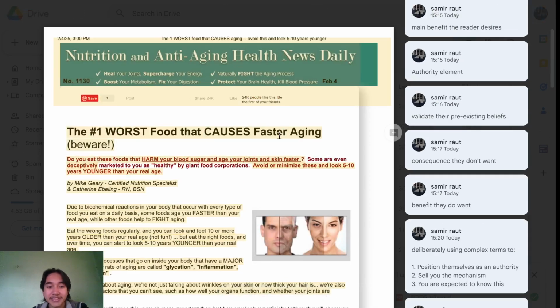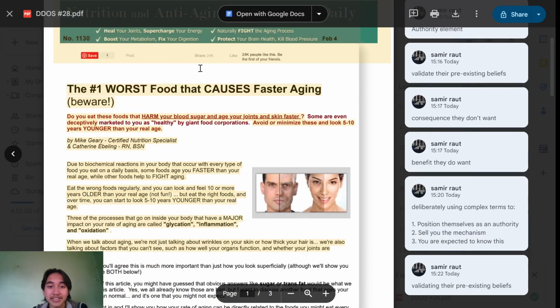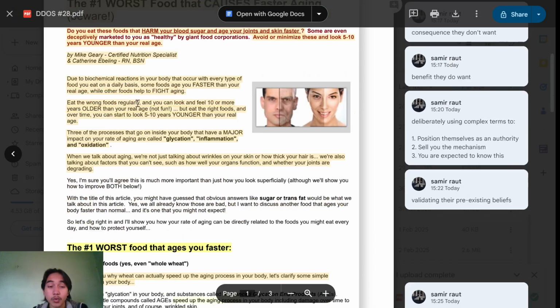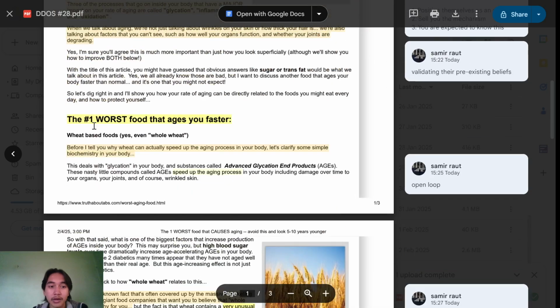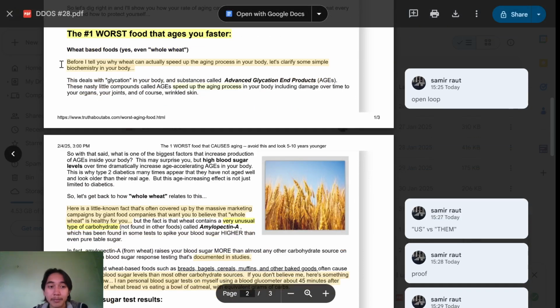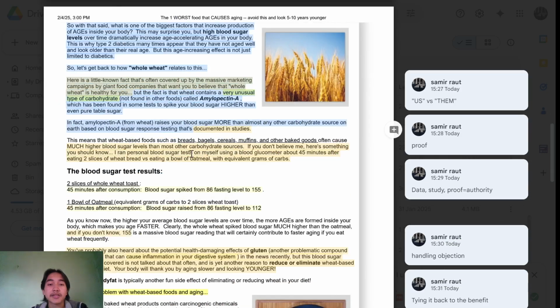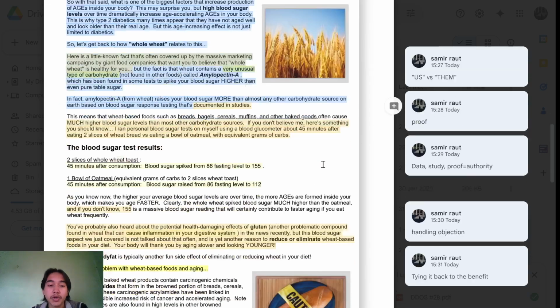The problem is aging. The cause is bad food, or in this case wheat based food. And why wheat based food is bad, because there is a unique mechanism of this bad food that is actually causing it, so you know the root cause.